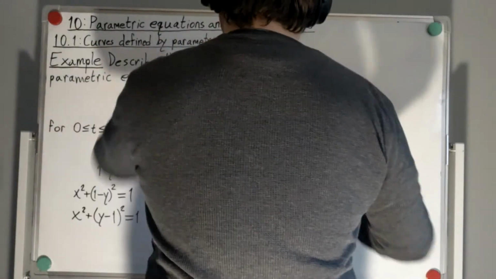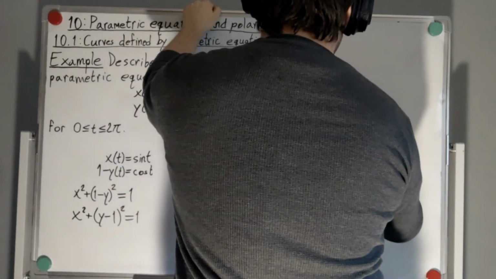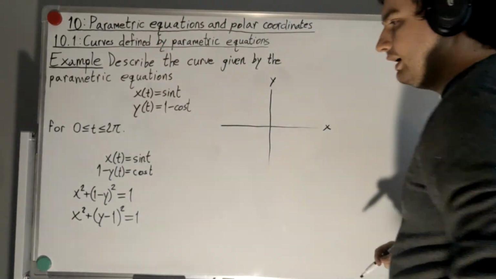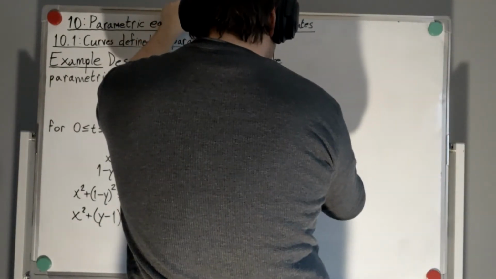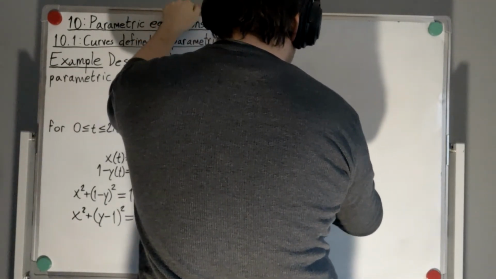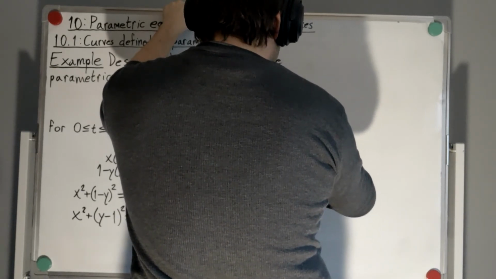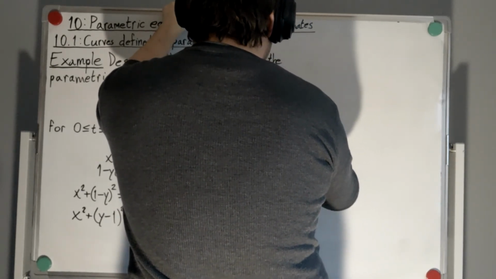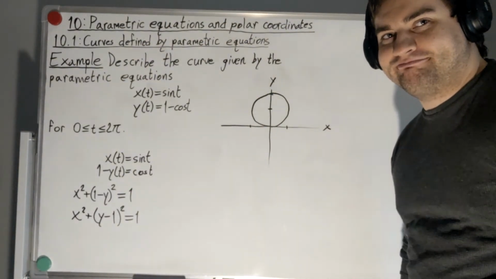And then that describes a circle of radius 1 centered at the point 0, 1. So something like this, except better and not drawn by hand.